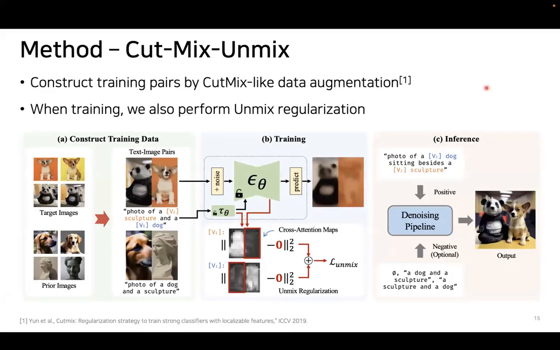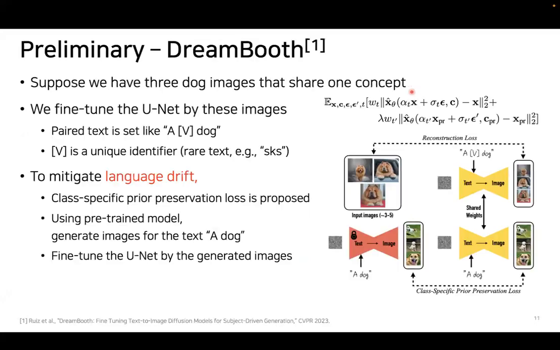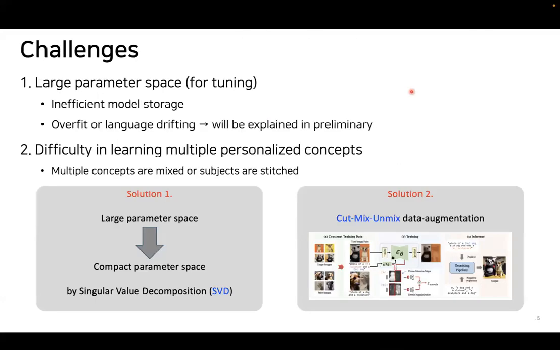Okay, the next method is Cut-Mix-Unmix. This is for preventing a problem: the difficulty in learning, representing and generating multiple personalized concepts. The problem is that multiple concepts are unintentionally mixed.